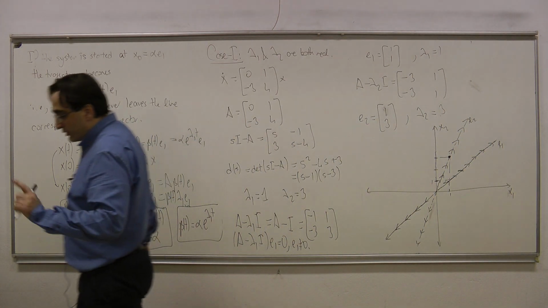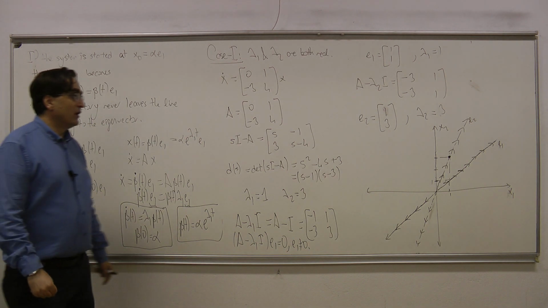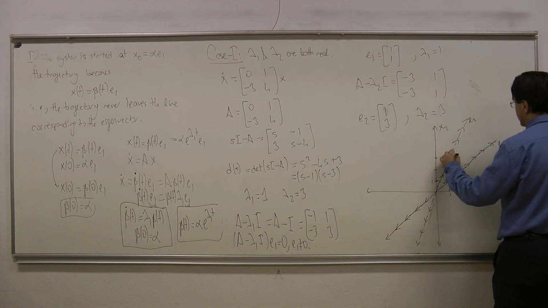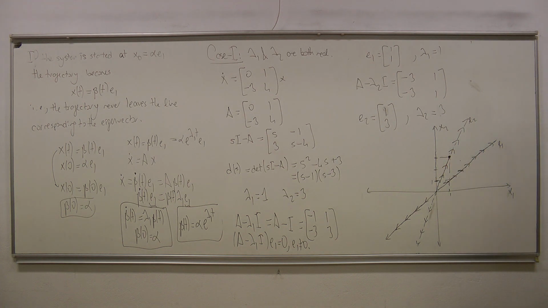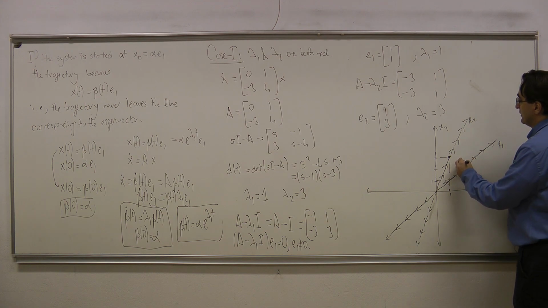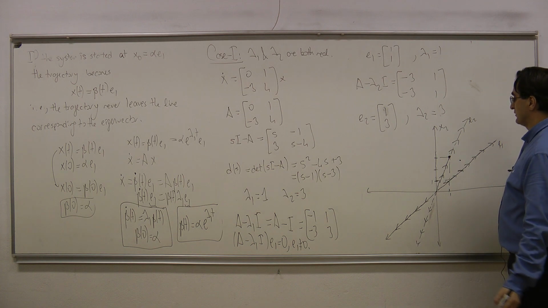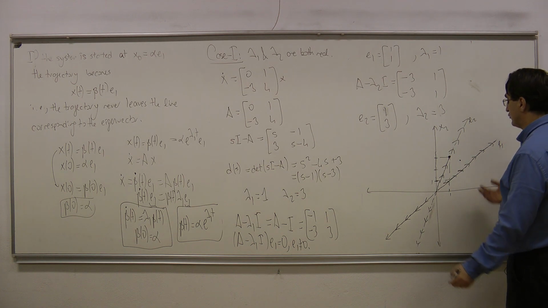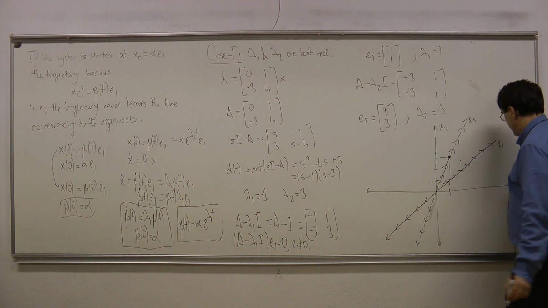All right? But the question here is, what happens when we start a state somewhere other than on one of these lines? What is going to happen when we start a state somewhere here, for example? How would the motion of the state, or the trajectory of the state, behave?